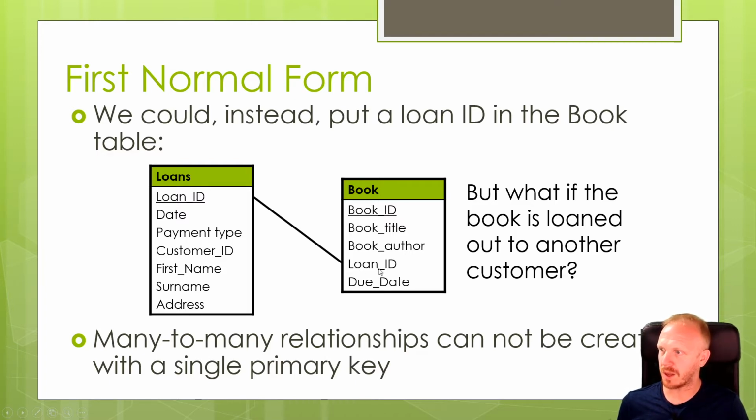What if it also wants to be loaned to loan ID 10? We can't do it. So this is a many-to-many relationship. Each book is loaned many times, and each loan contains many books, or 3 as the limit is there. So it's a many-to-many relationship, and you cannot do it with a single foreign key, primary key pair. You always end up with one thing not being able to be repeated.